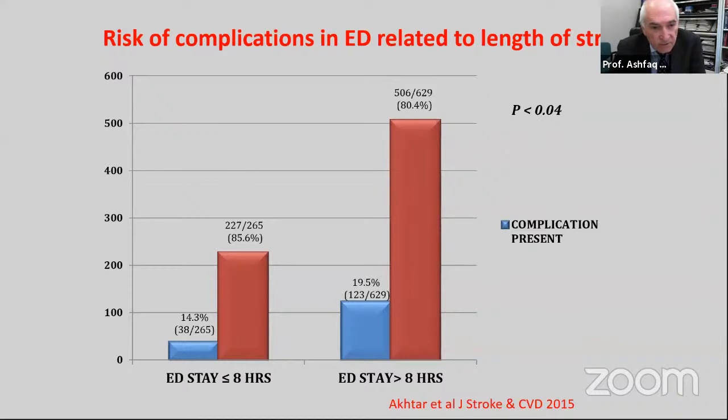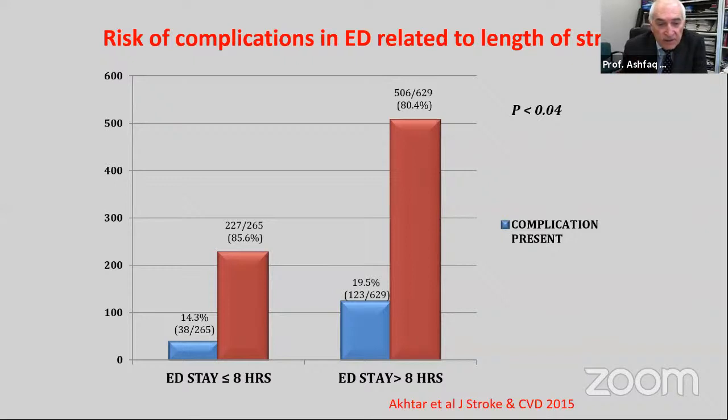If you look at the rates of complications, there were 14% in those who left early. This is really important if there are nurses in the audience. You've got to move that patient out as soon as possible. And that number increases to almost 20% simply by the location where the patient is.